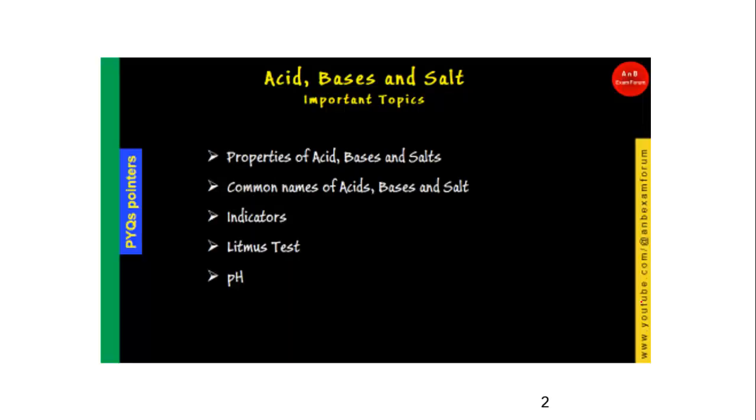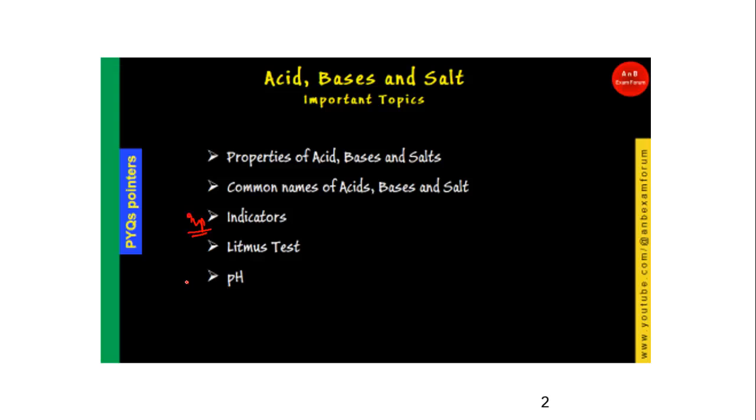So we have seen that these are the important topics in this particular chapter. You should know the properties of acids, bases and salts, and you should know the common names of the acids, bases and salts which we commonly use in our daily life. Then a very important one is the indicator. We have already made a separate session on pH indicator and litmus test.